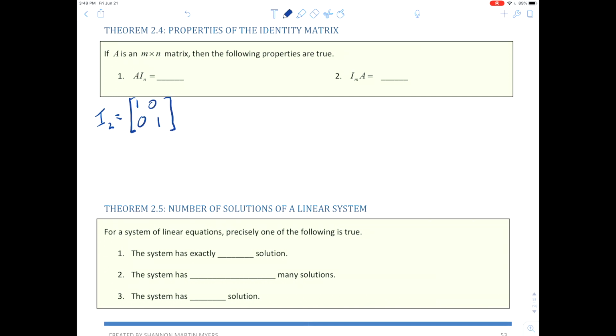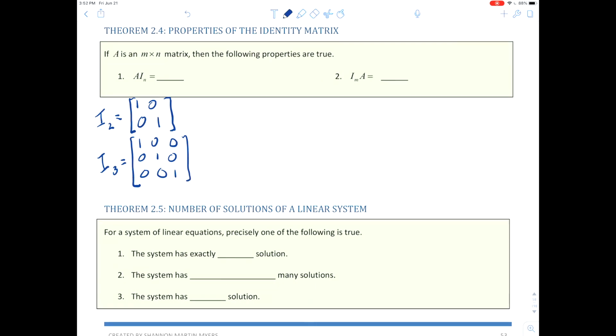And when you have a little 2 down there, it means of order 2 or a 2 by 2. And so what do you think I3 would look like? Beautiful. Ones down the diagonal, zeros elsewhere. What would IN look like?